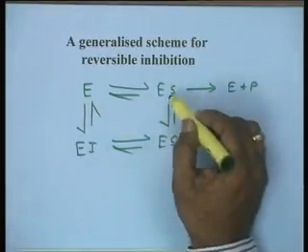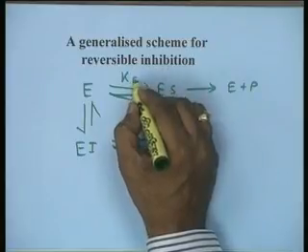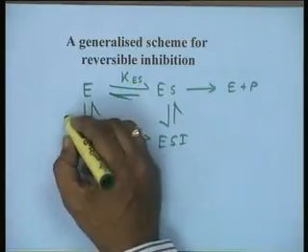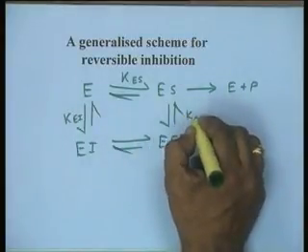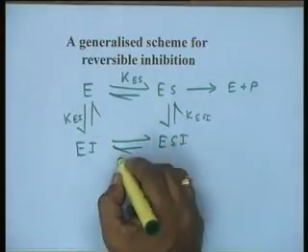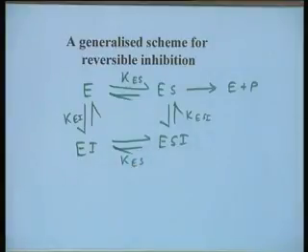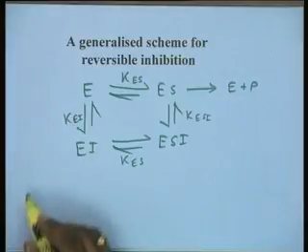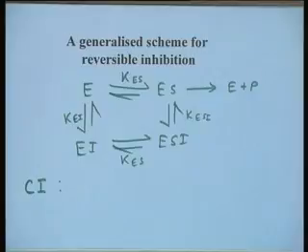If we consider each of the reversible steps, let us say the dissociation constant for this step is KES, this is KEI, this is KESI. Now, in the three different cases that we talked about for the type of inhibition, in the case of a competitive inhibition, what will be the magnitudes?